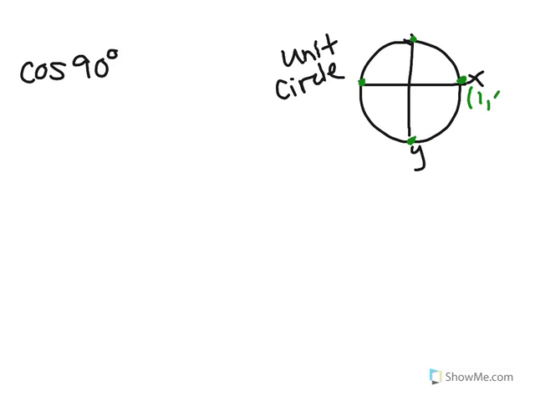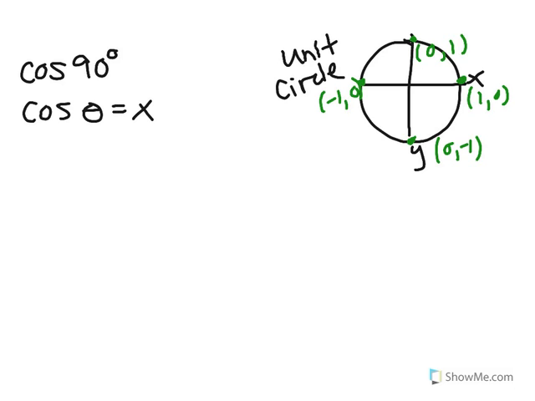And this point was 1, 0, this was 0, 1, this was negative 1, 0, and this was 0, negative 1. Well, in this problem, it's asking what is the cosine of 90 degrees. And what we just learned before is that the cosine of theta should give me the x value of my coordinate.